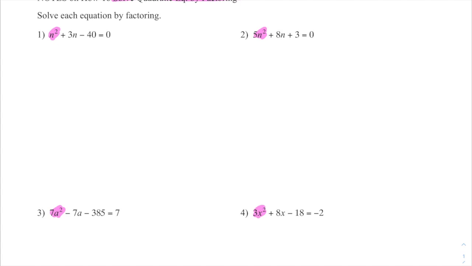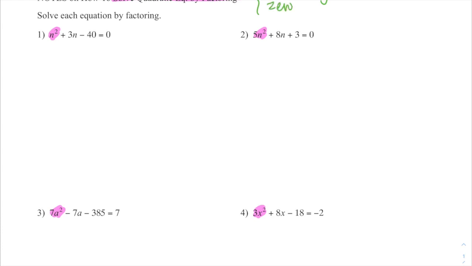Alright, so by factoring we're going to have to utilize two things that we've done in previous lessons. And that is our factoring, of course. Whether you do that by grouping or the box method, I'm going to mix it up between those two processes just so everyone can see what it looks like based on which method they prefer.